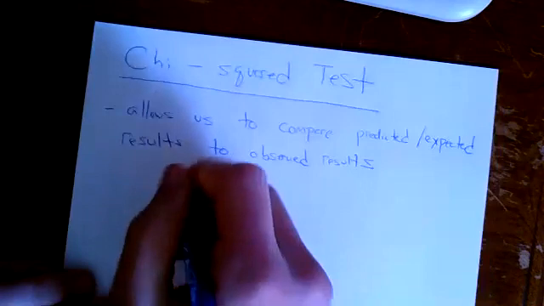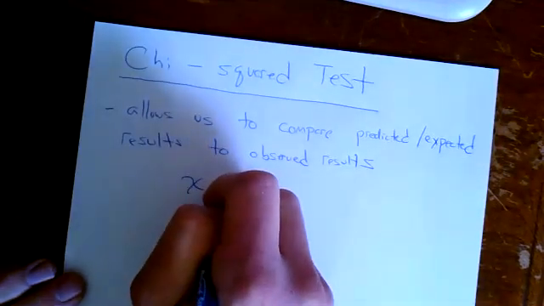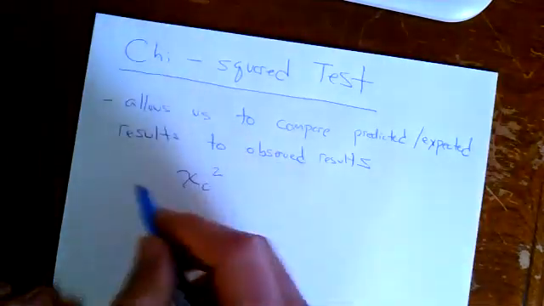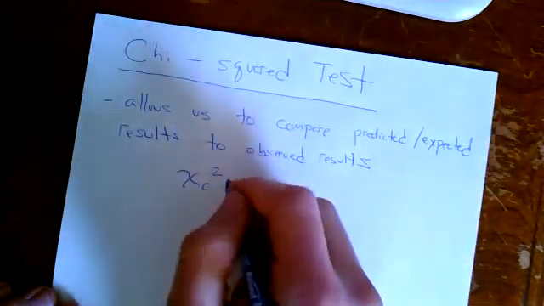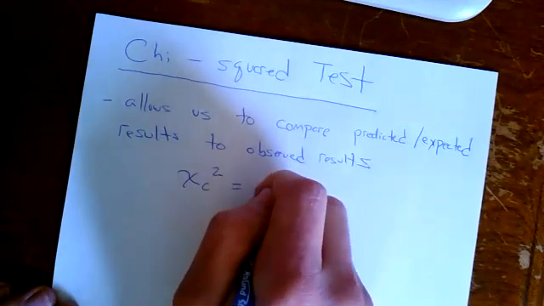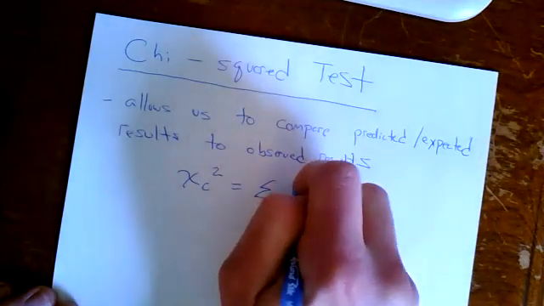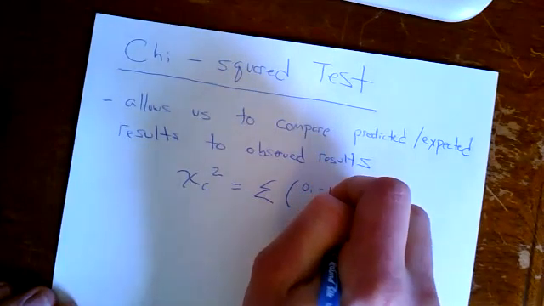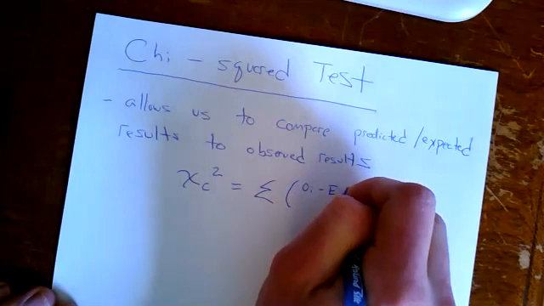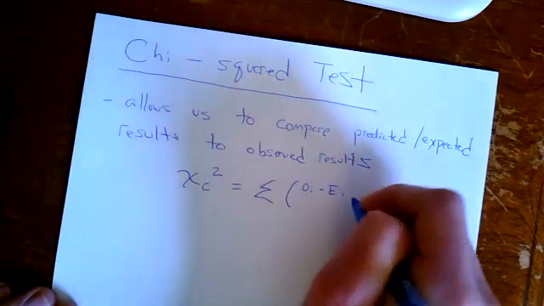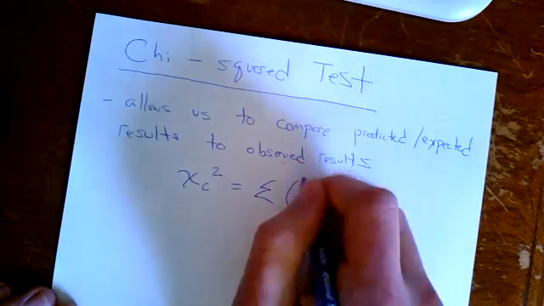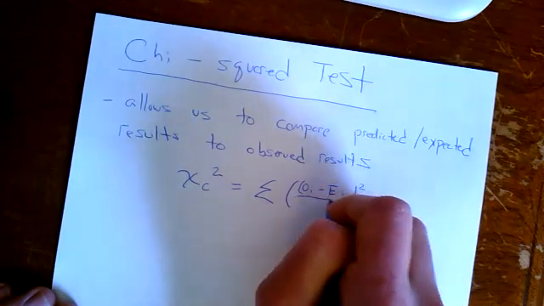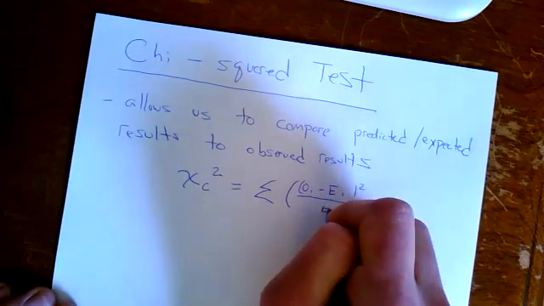It goes by this fancy equation: chi squared, chi, this is the Greek letter chi, equals the sum of the observed minus the expected, squared, over the expected.